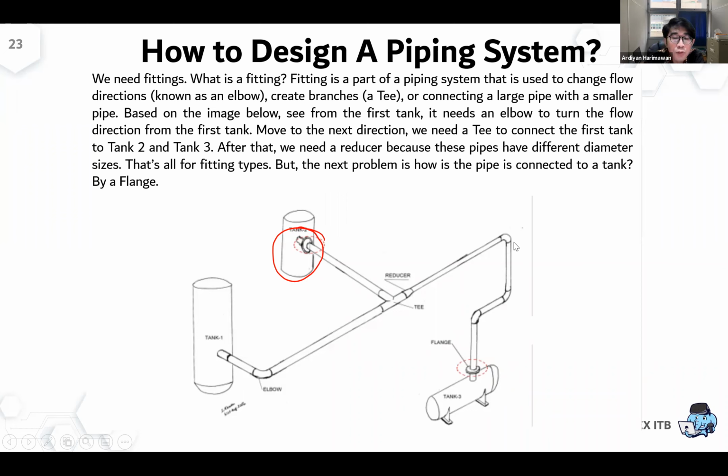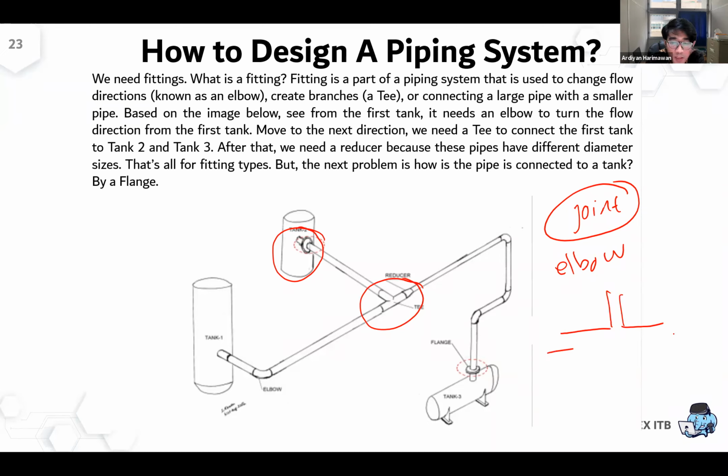You see, you need to have a joint between the pipes. Sometimes we can use an elbow, or maybe you want to make a branch, so you have a T, elbow, T, flange. We call it fitting. There are various types of fittings.